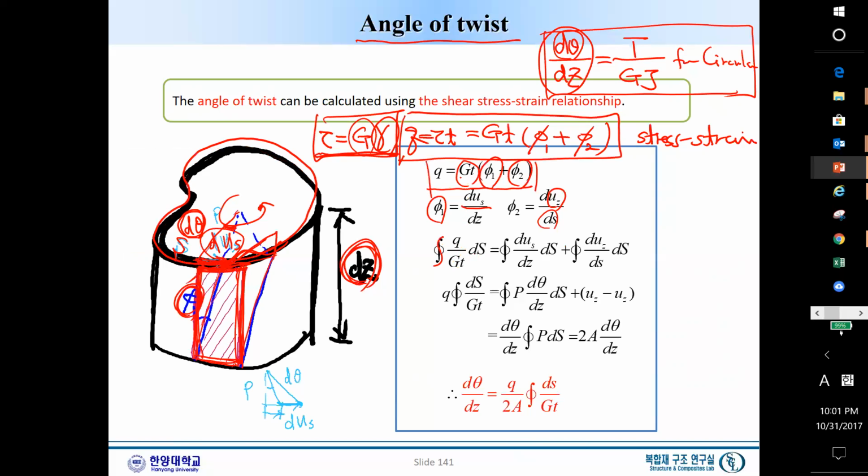So Q divided by G t, integrate all over the ds. And now P1 is this and P2 is this. Okay, integrate. And this is an important step. Again, Q is constant over s, so Q is out of the integration, and ds over G t.